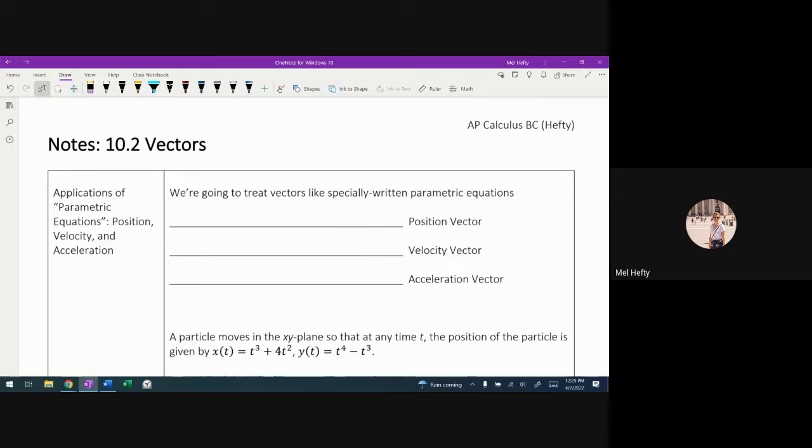We're not going to do that because I don't like i and j. I like to write them kind of like points, but instead of parentheses, we're going to use what's called angle brackets. So we're going to have x of t, comma, y of t. Both notations are fine. If you're a big i and j fan, you do you. But I like this better because it looks like a point.